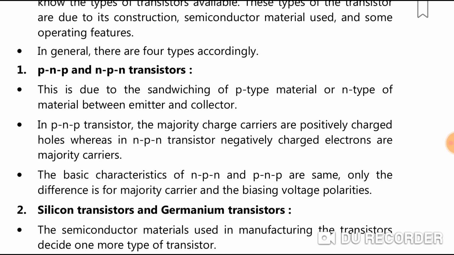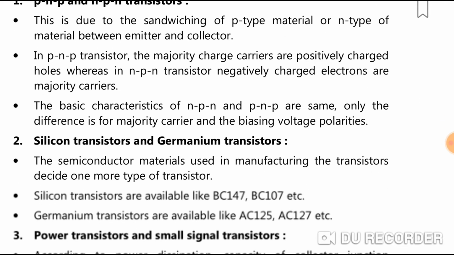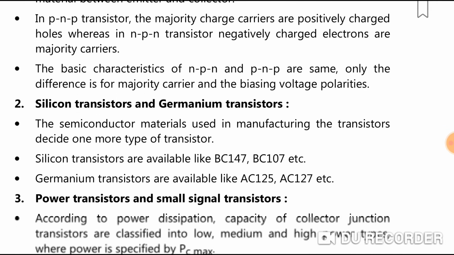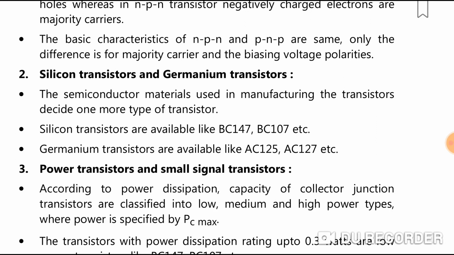This is due to the sandwiching of a P-type or N-type material between emitter and collector. In a PNP transistor, the majority charge carriers are positively charged holes, whereas in an NPN transistor, negatively charged electrons are the majority carriers. The basic characteristics of NPN and PNP are the same. The only difference is in the majority carrier and biasing voltage polarities.